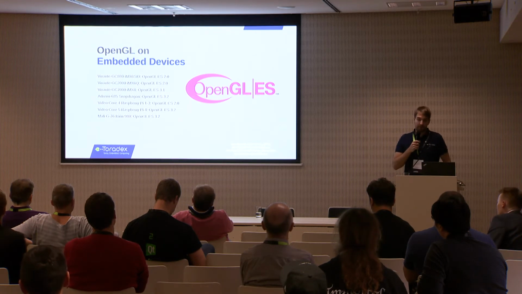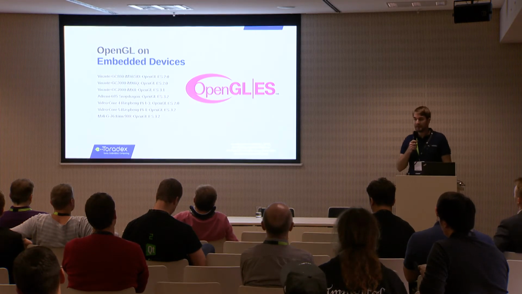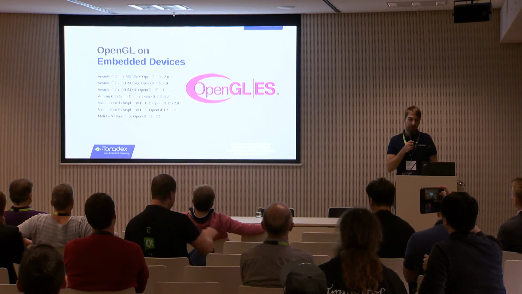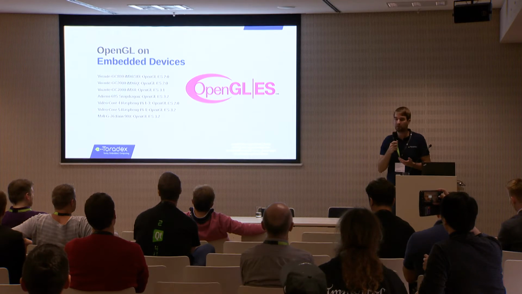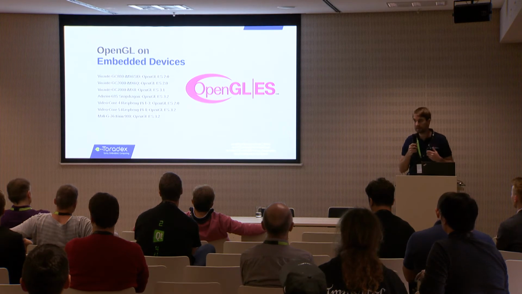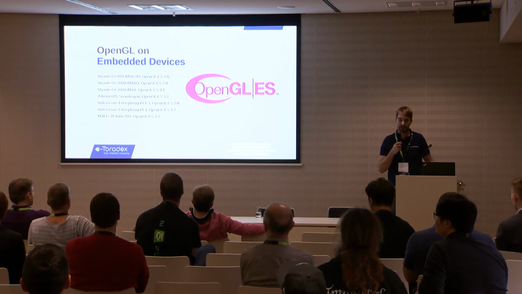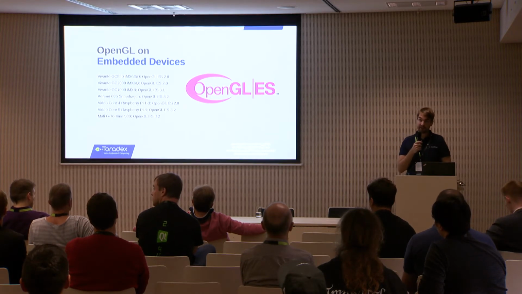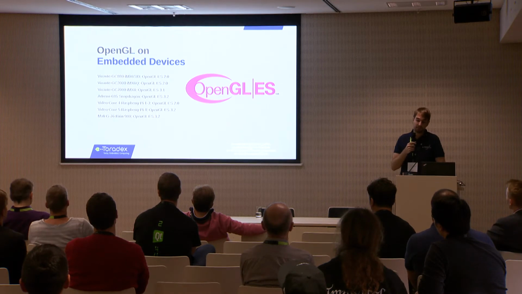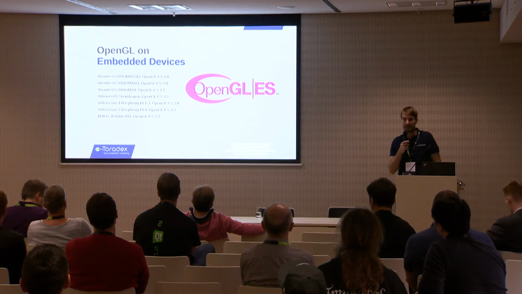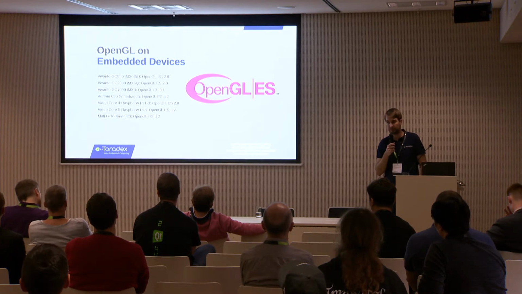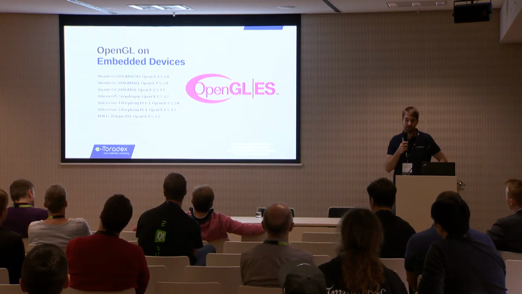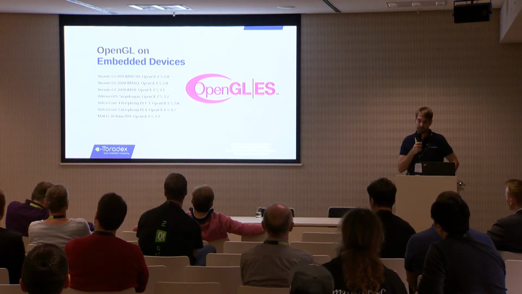Then some things about OpenGL and embedded devices. If you work on embedded devices, you normally don't have a full OpenGL version available. It's a reduced version called OpenGL ES. A lot of SoCs support OpenGL ES 2.0. Some of them may support some features from newer versions, even if the SoC provider says it's only 2.0.